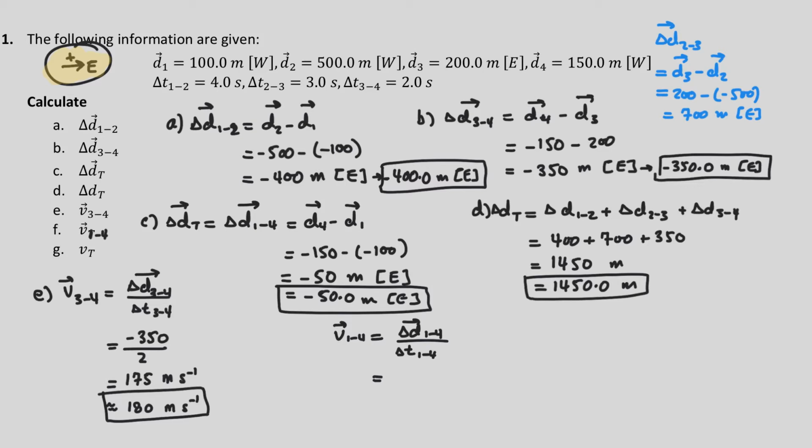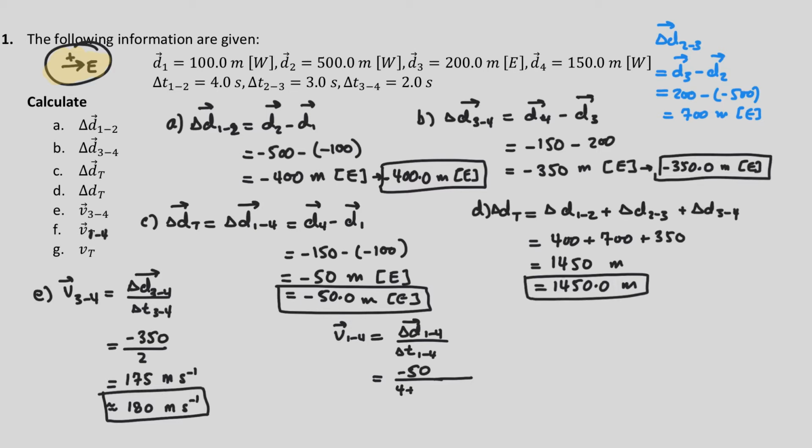So what is that going to be? So we got our total displacement from 1 to 4 being negative 50. So I'm still using that convention. And the time from 1 to 4, well, I'm going to add some times here. So from 1 to 2 was 4 seconds, and then another 3 seconds, and then another 2 seconds.